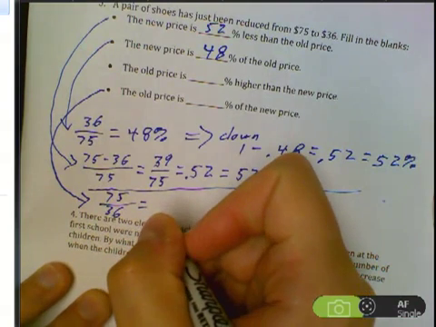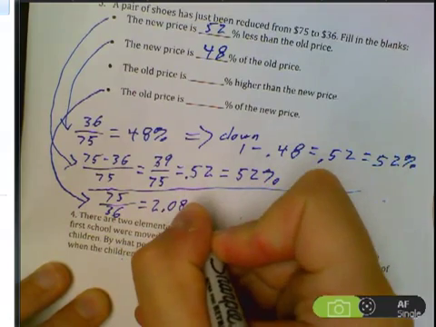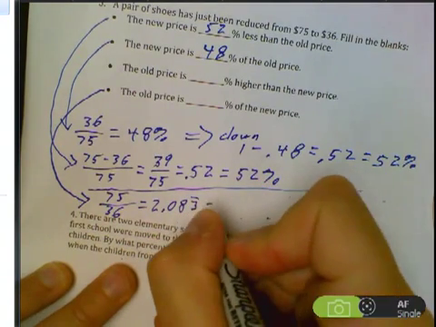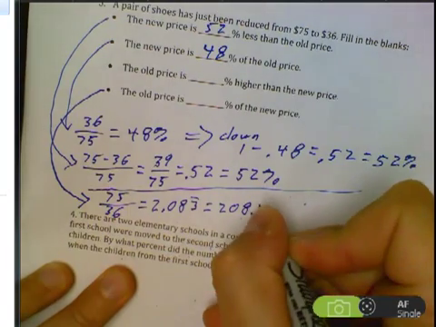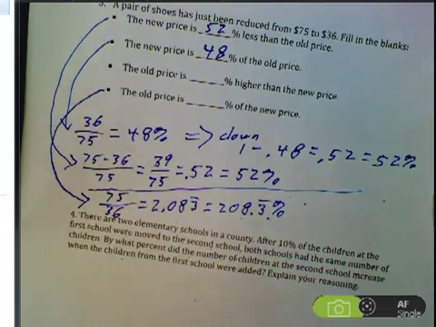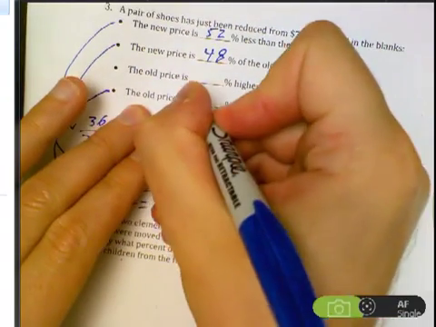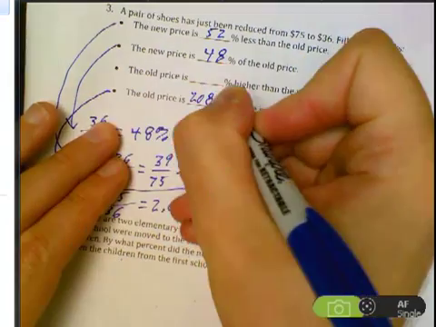So that gives us 2.083 repeating, which is equal to 208.3 repeating percent. Okay, now we want to know, so that goes there, 208.3 repeating.